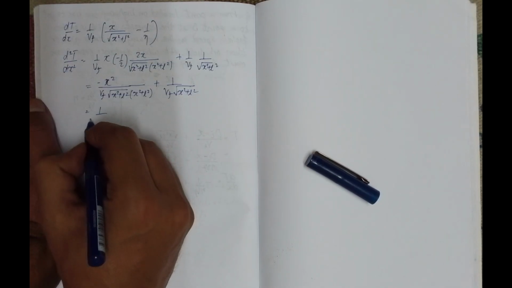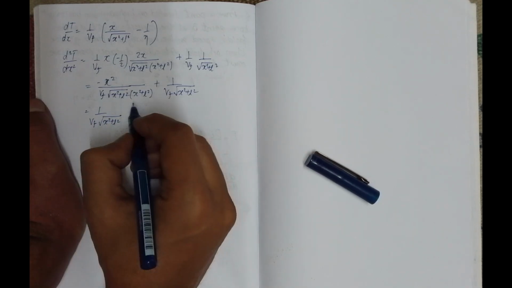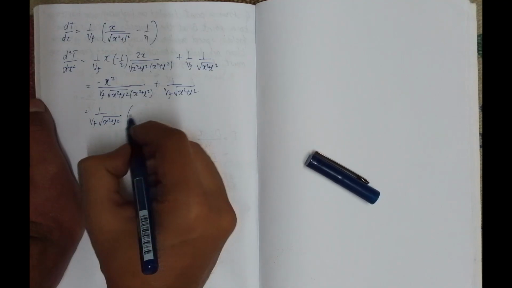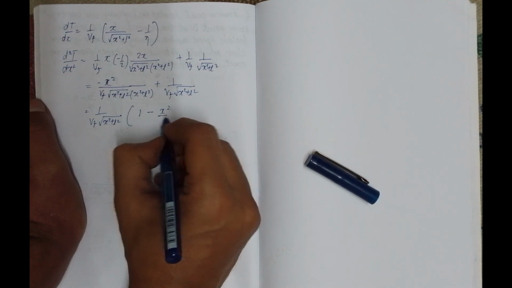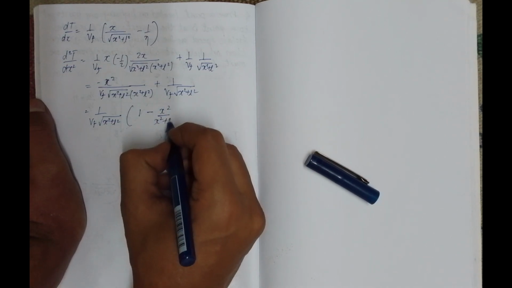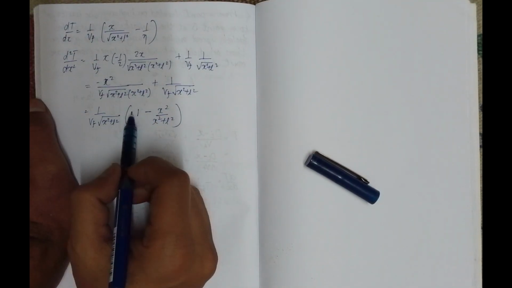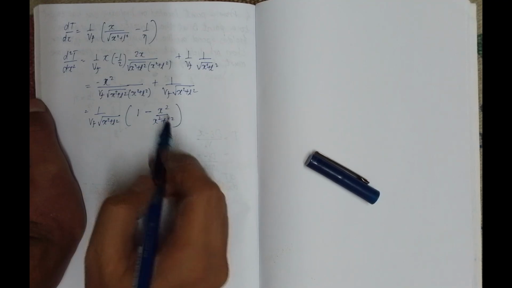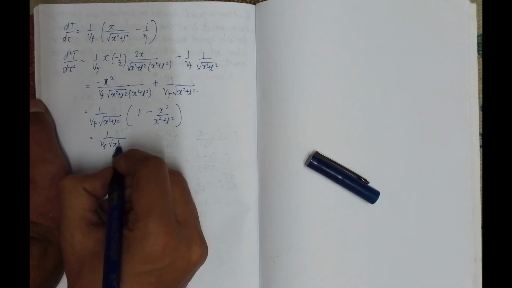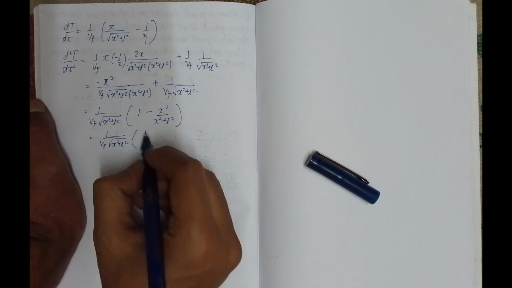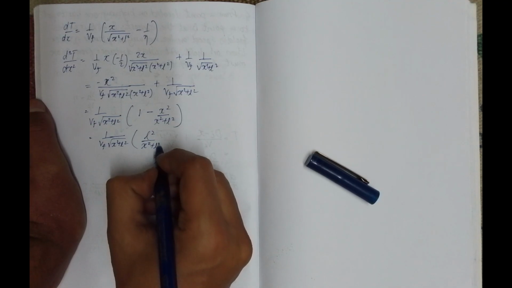So 1 by Vf you can take out as common, under root of x square plus L square, and what you will get is 1 minus x square by x square plus L square. This is equal to 1 by Vf into under root of x square plus L square into L square by x square plus L square.